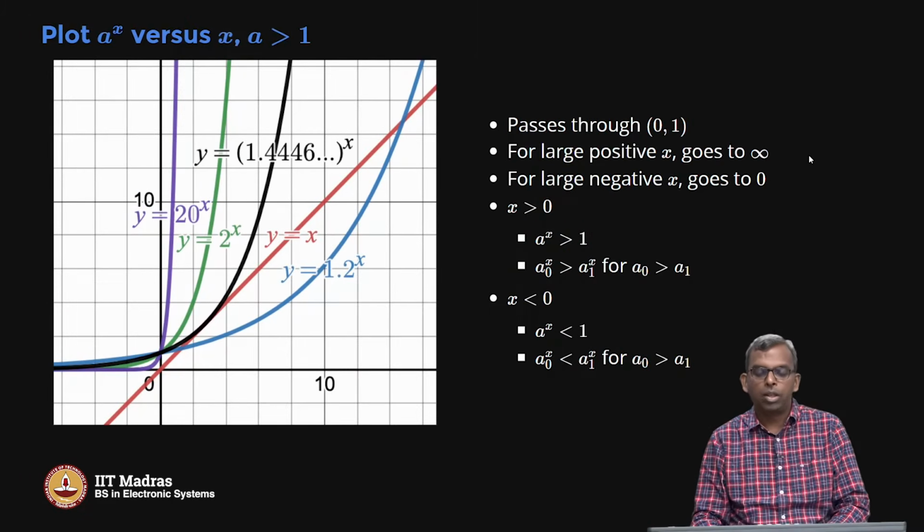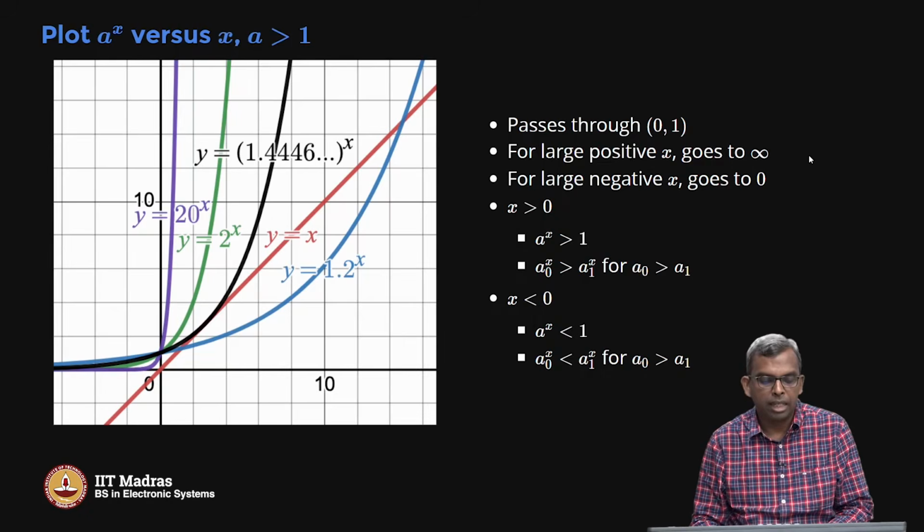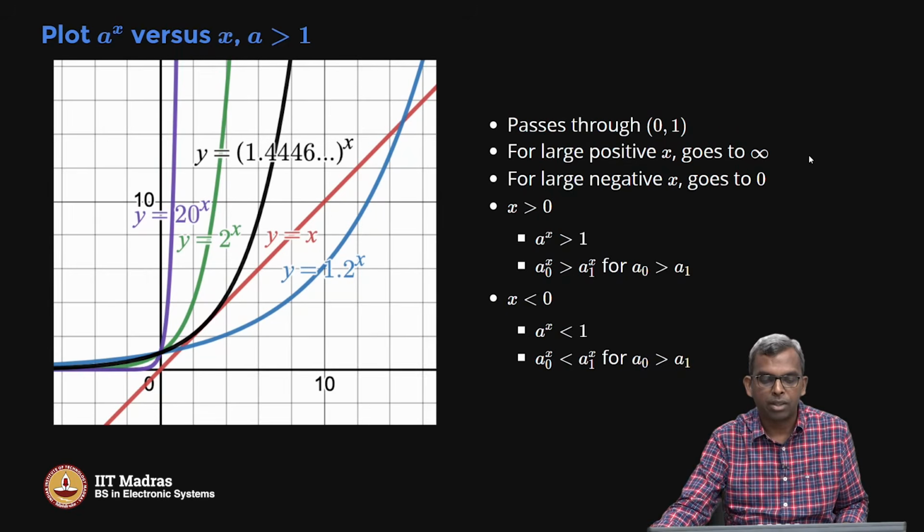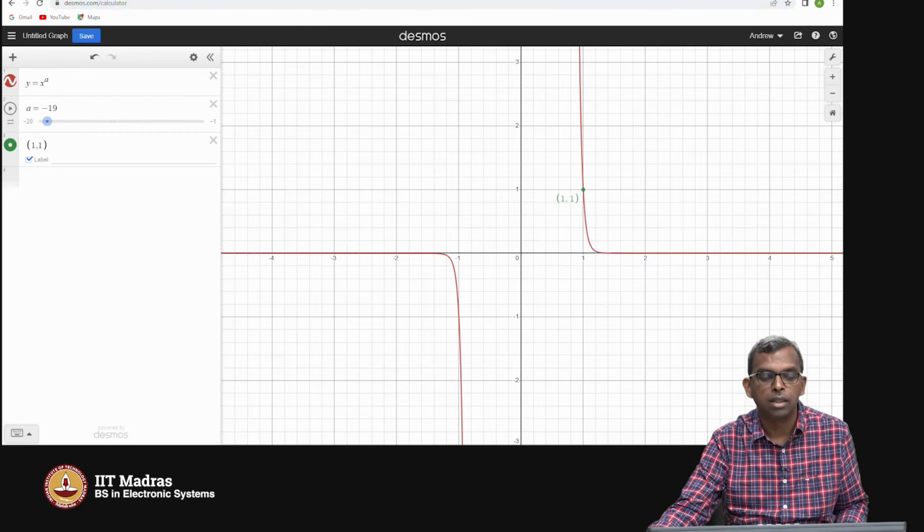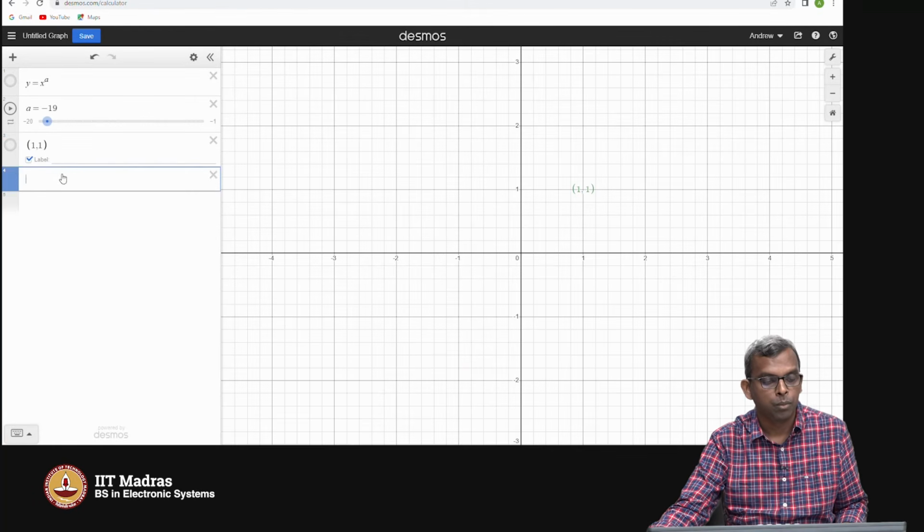Now that we've seen x to the power a, we're going to see a to the power x. This is the second type of function, and for a to the power x also you can start out once again with Desmos, which is our wonderful tool here.